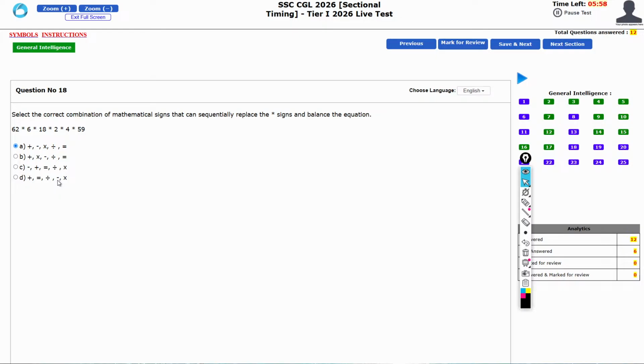Plus, divide, minus into, no. Hey, this one should have been the correct answer, right? 18 into 2 by 4, right? 2, 9. Okay. So 1, maybe 3, maybe 9. Is the total 12? No. I have to check again.